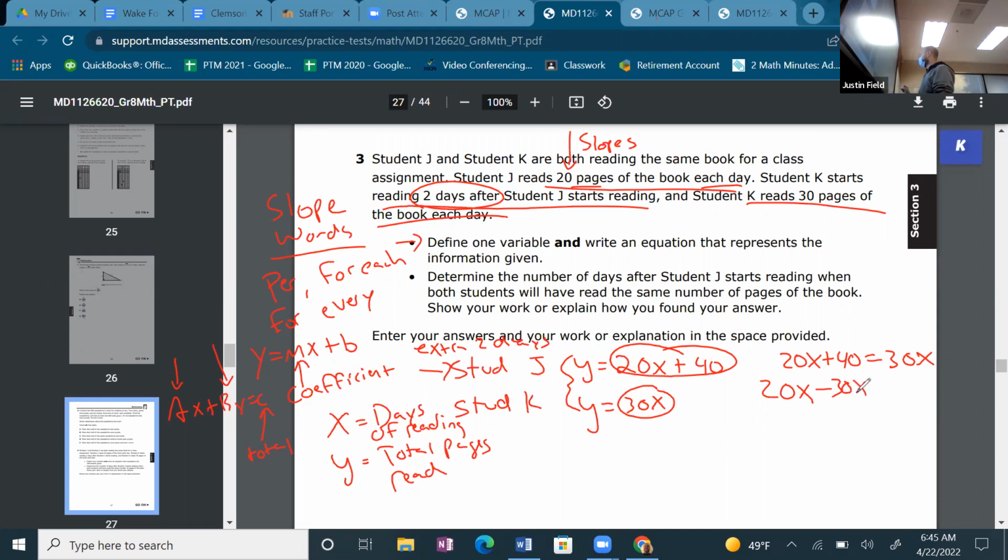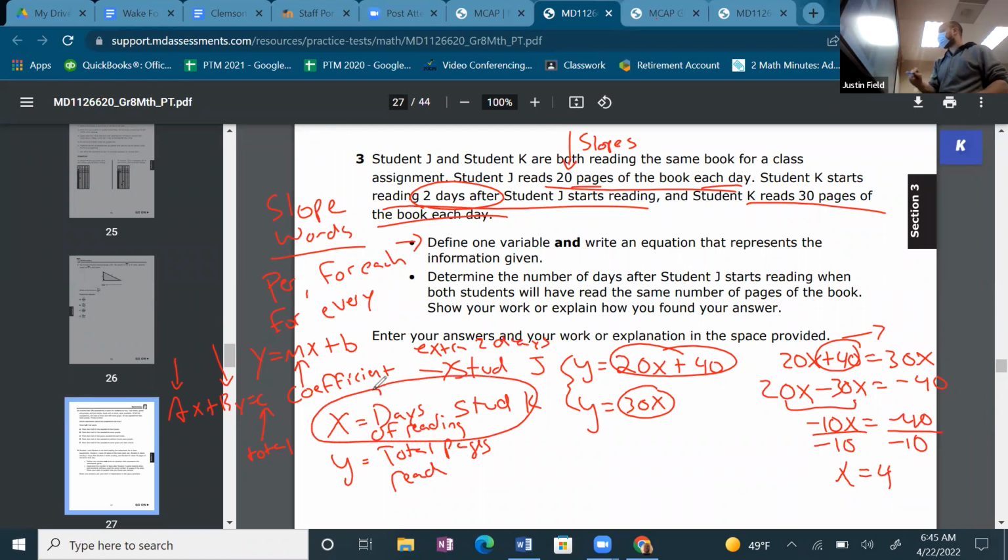That's coming over to the left. Put our numbers on the right. 540. Going over to the other side. Change the sign. Combine like terms. 20 minus 30 is negative 10. Negative 40. Divide both sides by negative 10. And x equals 4.